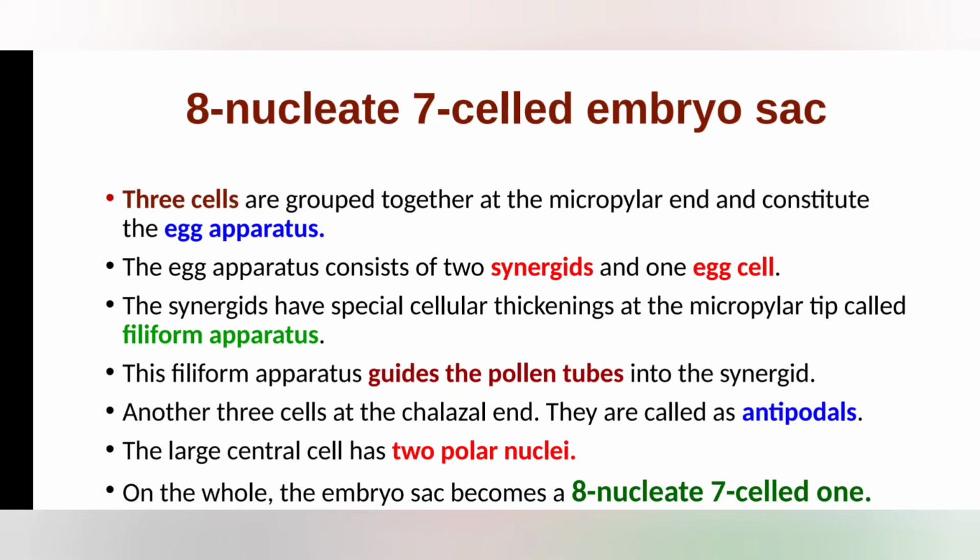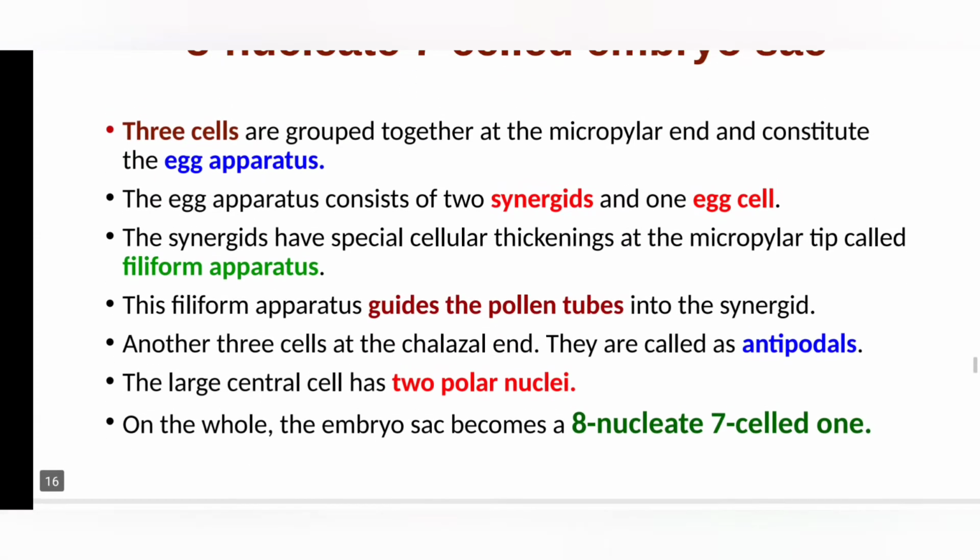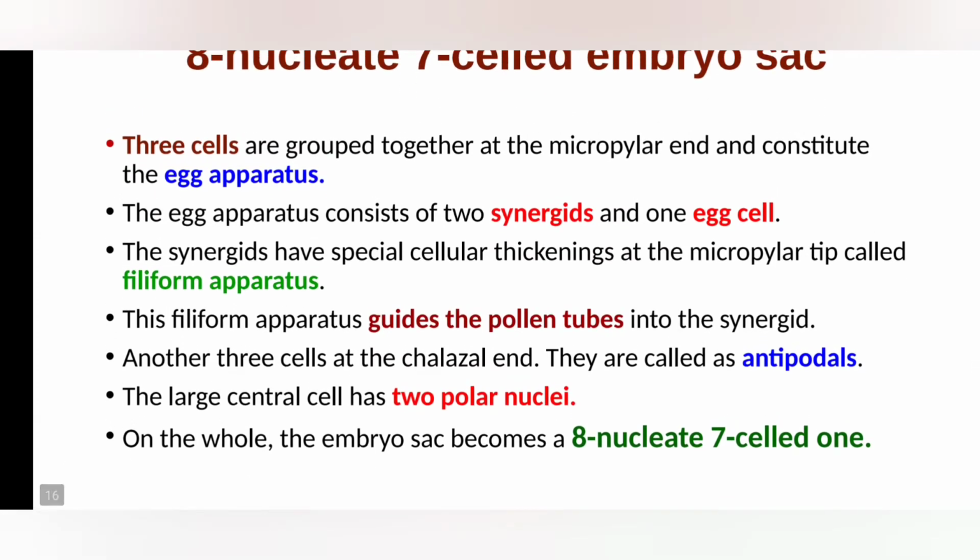3 cells are grouped together at the micropylar end and constitute the egg apparatus. As I had told earlier, how many cells are grouped together at the micropylar end? 3 cells.